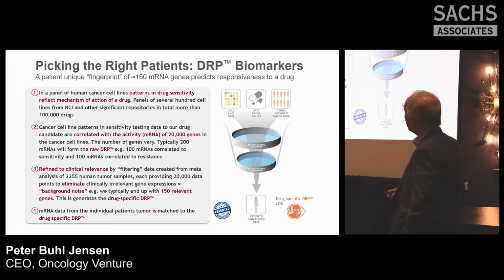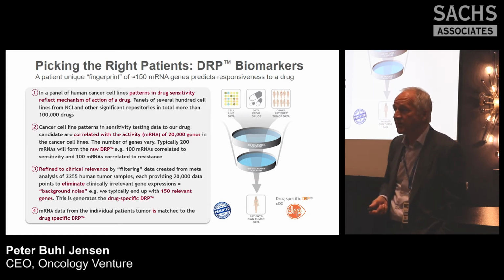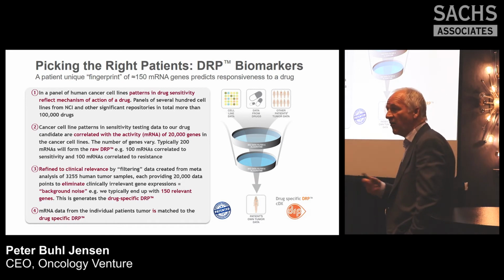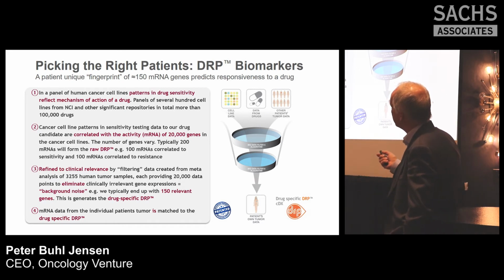Picking the right patients, the drug response prediction, I don't want to go into that in this talk today, but this is our core technology, utilizing patterns in drug sensitivity, and that could be, for instance, NCI, where we reflect the mechanism of action of the product, and we correlate the messenger RNA in the in vitro systems.